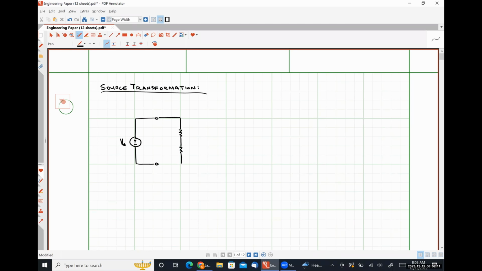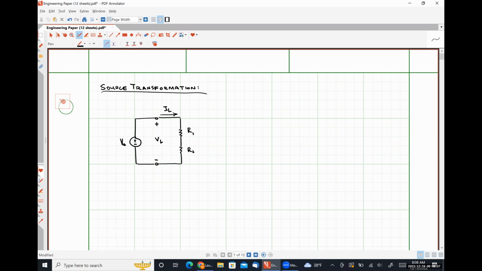Let's call this R1 and R2 like so. I'm going to call the voltage drop across my two resistors VL for my load voltage, and I'm going to call the current flowing through my two series resistors IL for load current.